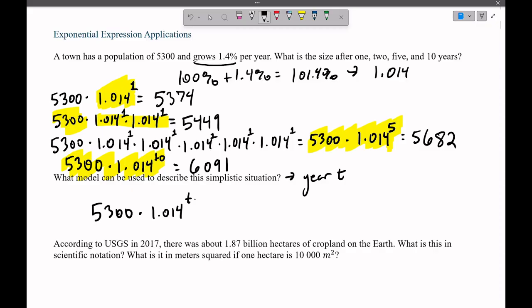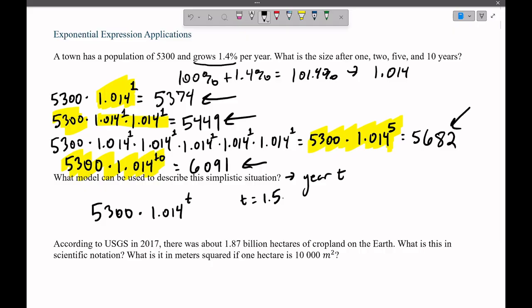Since if t is 1, that's after 1 year, I get this first case of 5374. If t is 2, I get after 2 years 5449. Then if t is 5, I get this. If t is 10, I get this. I can, of course, do t equal to 1.5. In other words, what's halfway into that second year.